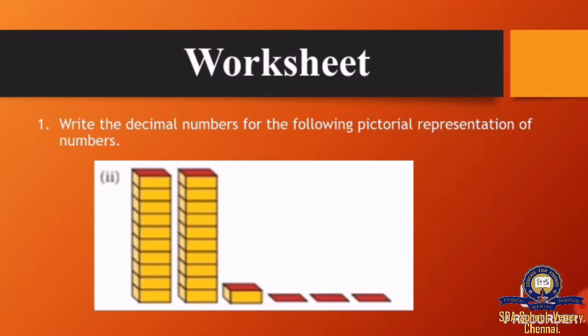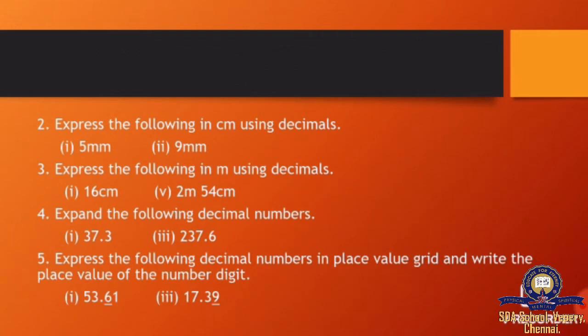Now here is some of your worksheet. First problem is write decimal numbers for the following pictorial representation of the numbers. So here they have given the pictorial. We need to write decimal numbers for the pictorial representations. Okay students? Now the second problem is express the following in centimeter using the decimals.